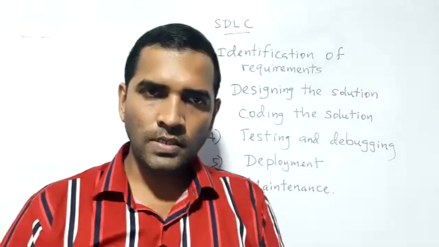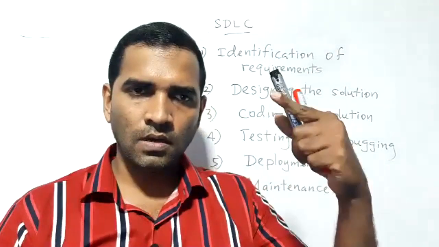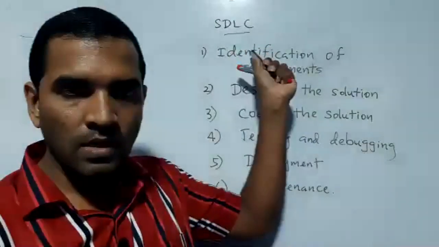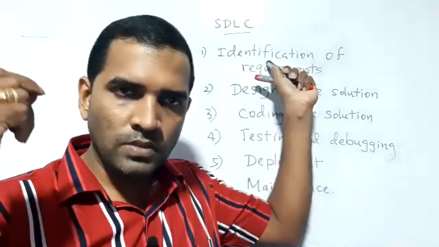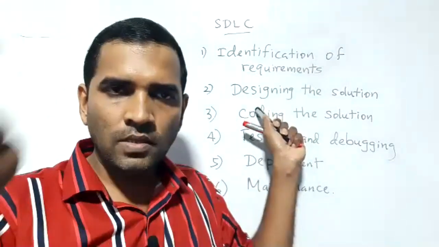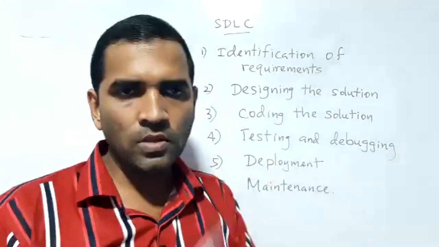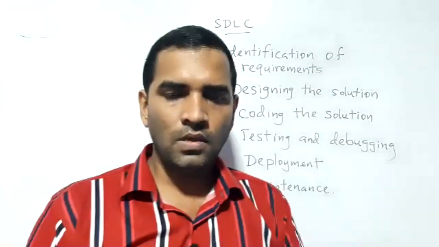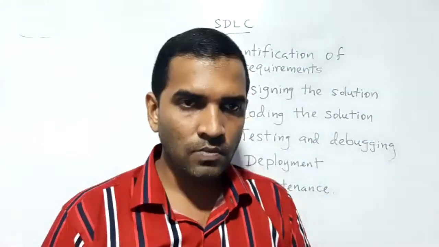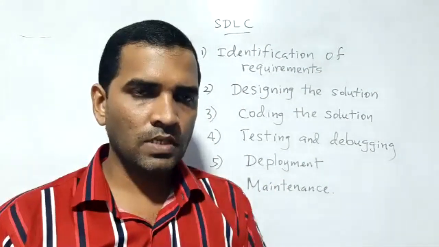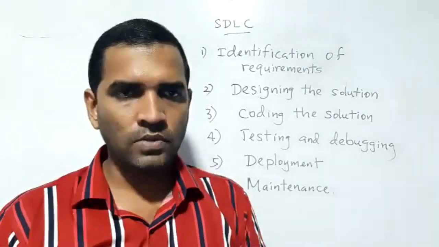included in SDLC. These are carried out one after the other. So you have to start from the beginning. You need to complete the first phase, then only you can go to the second phase. After completing the second phase, you can go to the third phase. Like that, once all the phases are completed, you know that the computer-based information system can be successfully available for use.